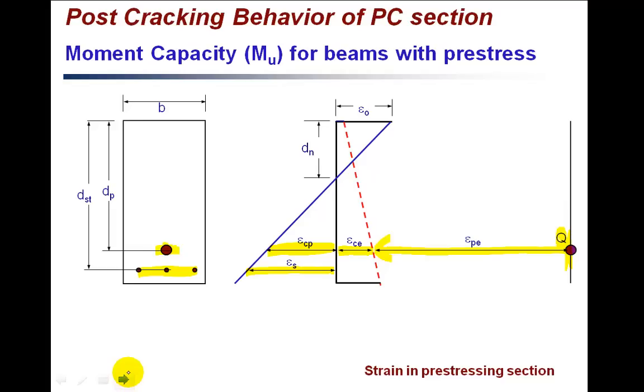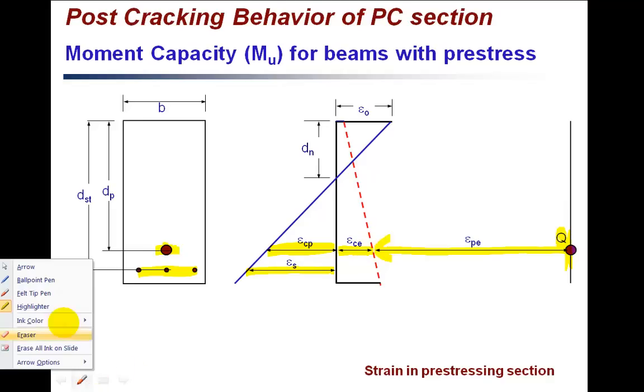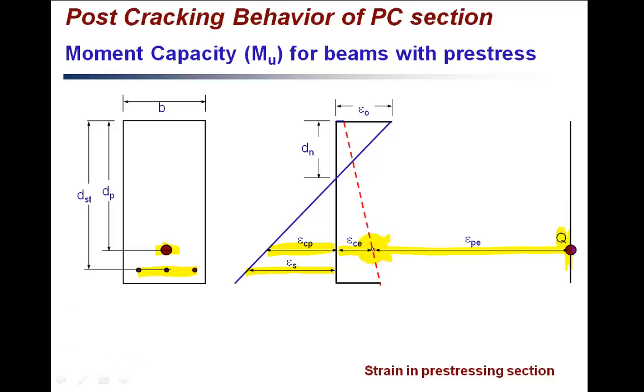Now, as you can see here, the concrete strain was initially at this point, and it has increased from here to here, whereas the prestressing strain was at this point, and it has gone all the way from here to here.